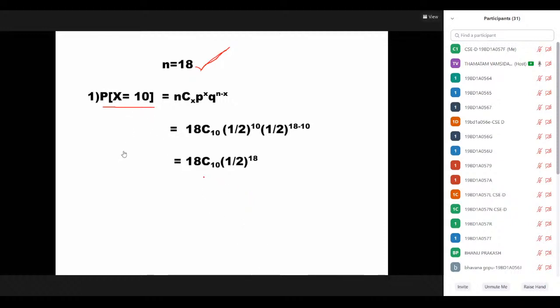I think all of you understood up to this point. If you have any doubts, I will explain it once again. Read the question carefully and you can understand.